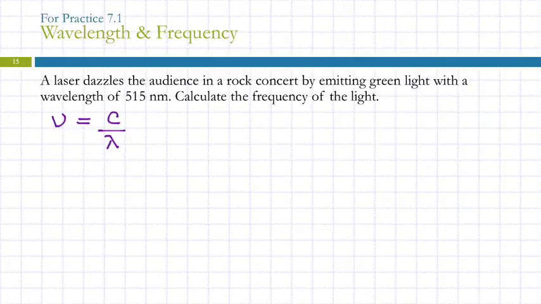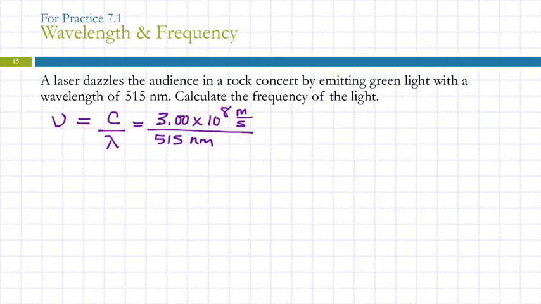I don't expect you to memorize the speed of light. I would give that to you on an exam. The speed of light is 3.00 times 10 to the 8th meters per second, divided by the wavelength, here 515 nanometers.